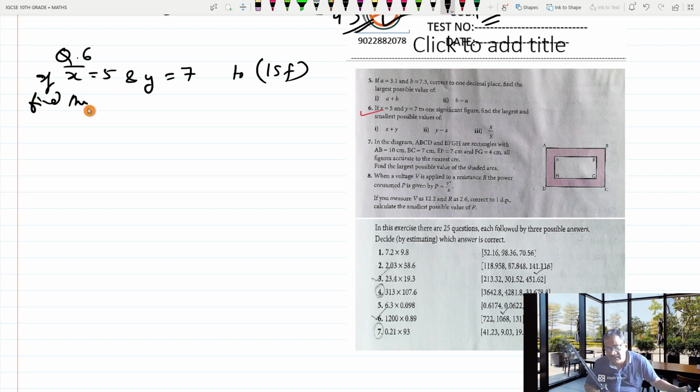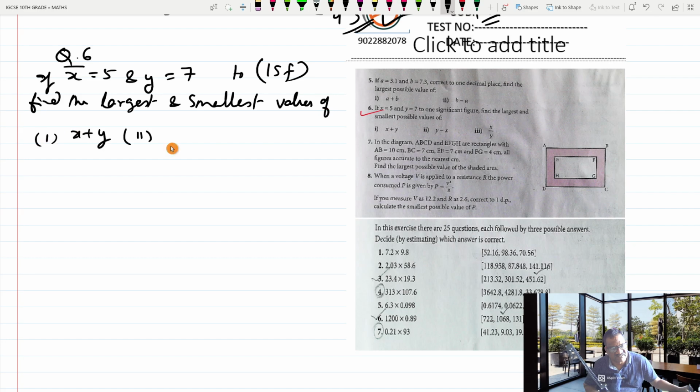Find the largest and the smallest values of, and the sub-questions are 1, x plus y, 2, y minus x, 3, x upon y.